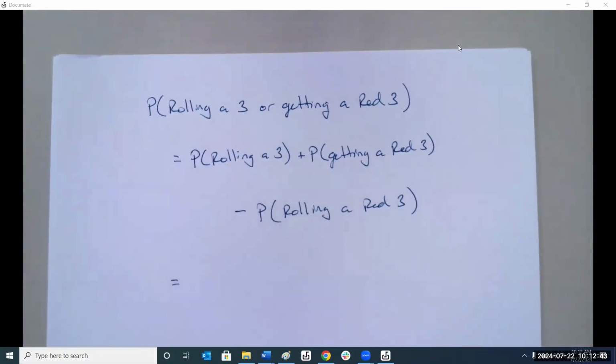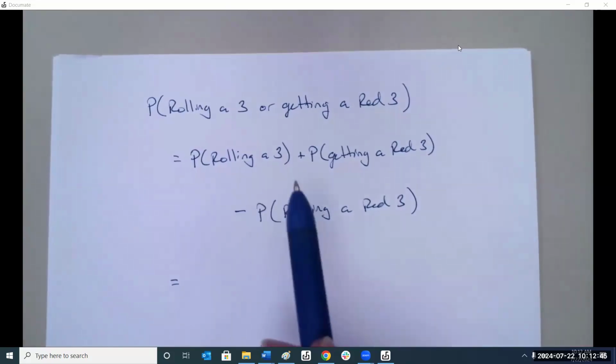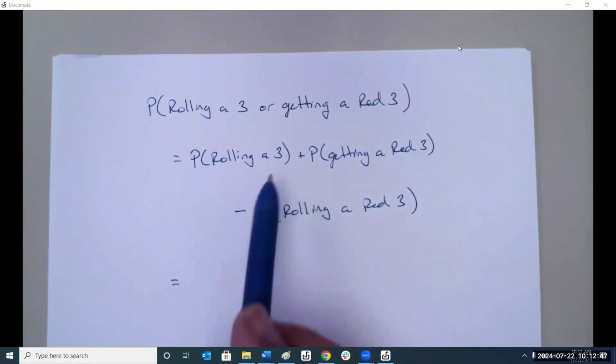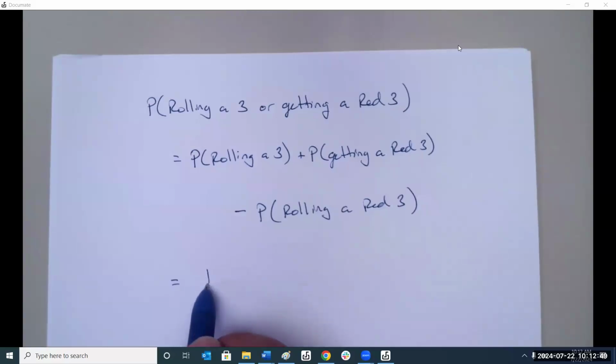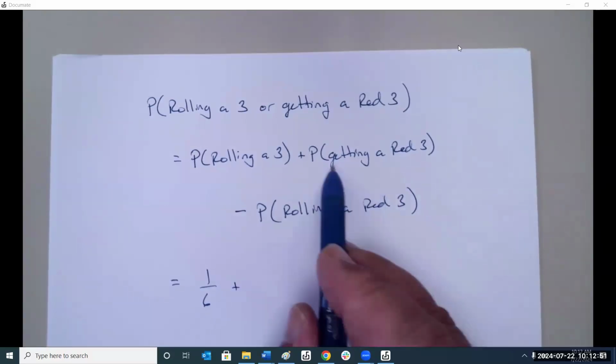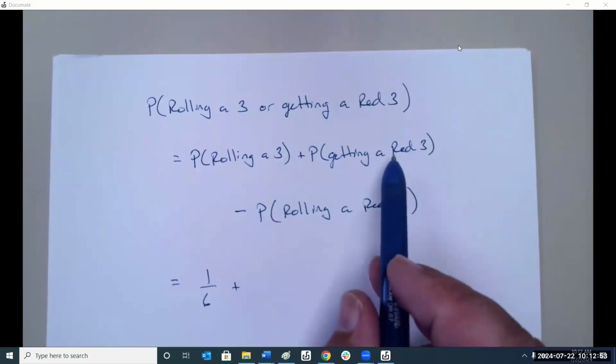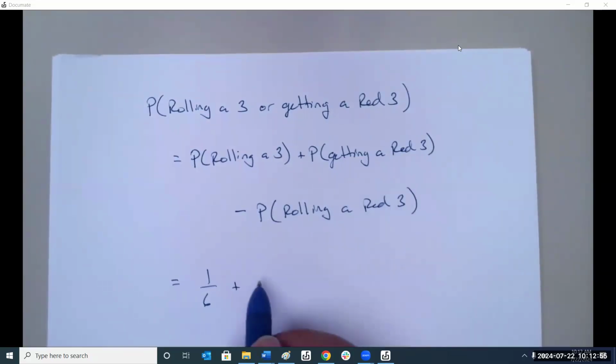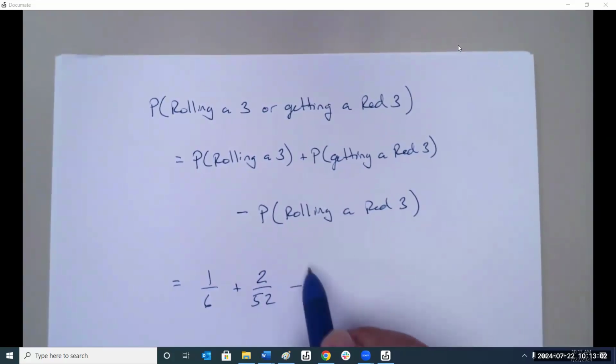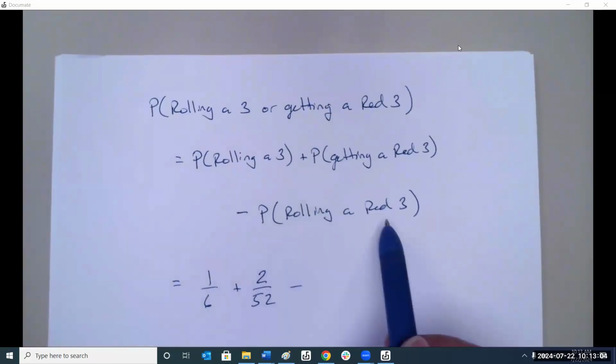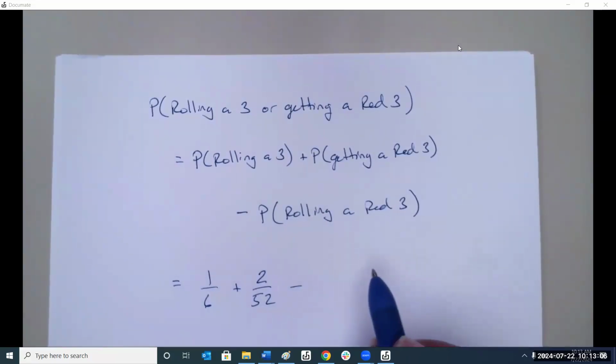Obviously, rolling has to do with the die, so what's the probability of getting a 3? 1 out of 6. The second one has to do with cards: the probability of getting a red 3, which is 2 out of 52. Now, the next one is minus the probability of rolling a red 3, so it's 0 over 52.